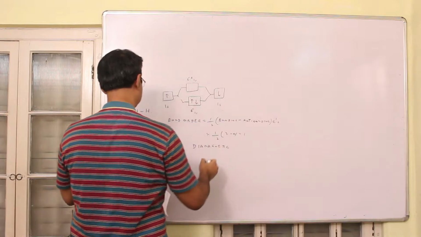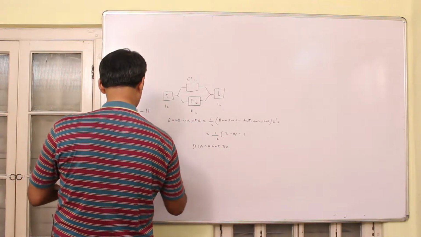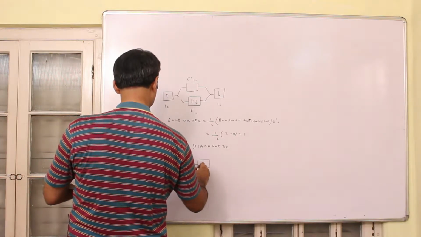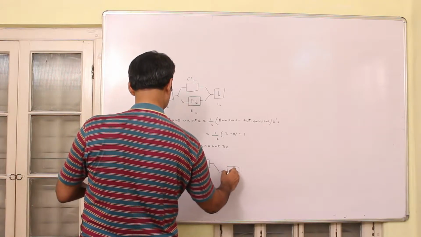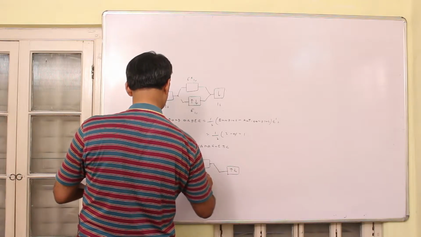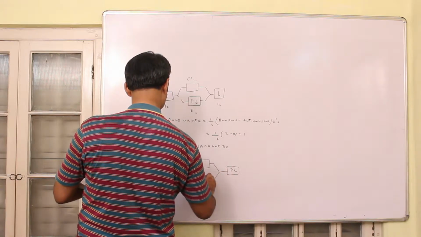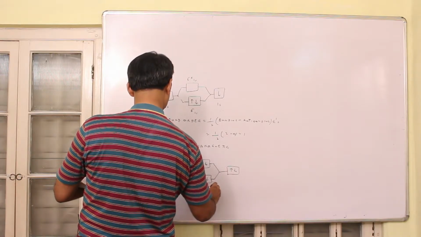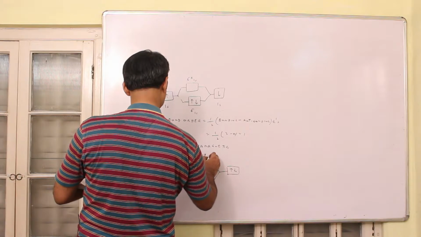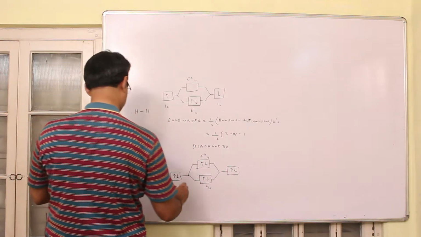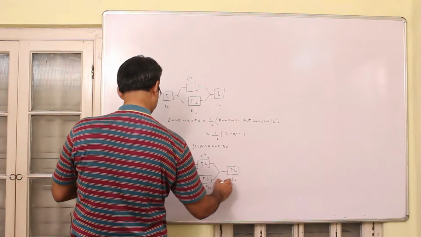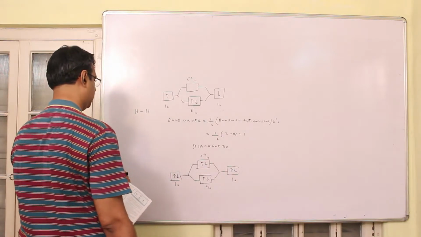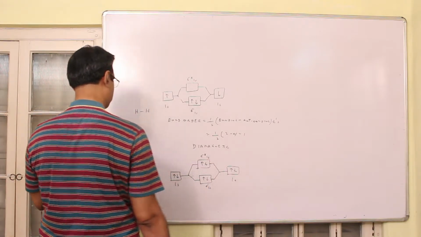Now let us consider helium. Now in helium what happens? These two orbitals overlap to give a sigma 1s orbital and sigma star 1s orbital.